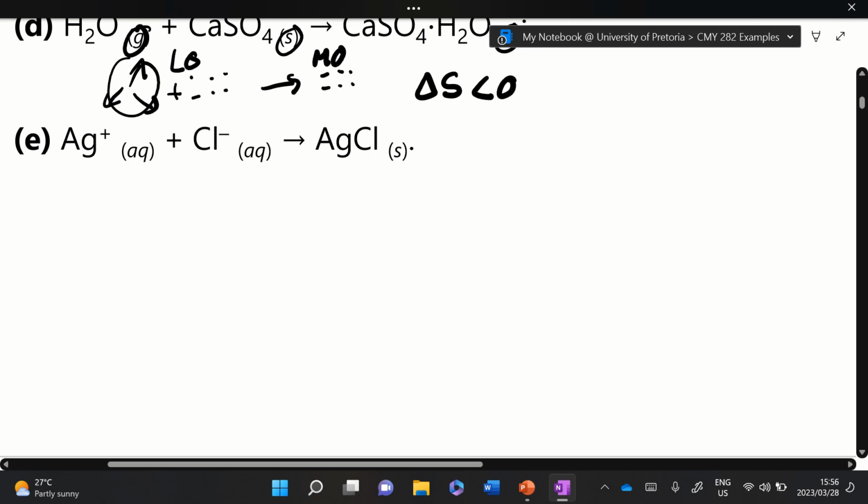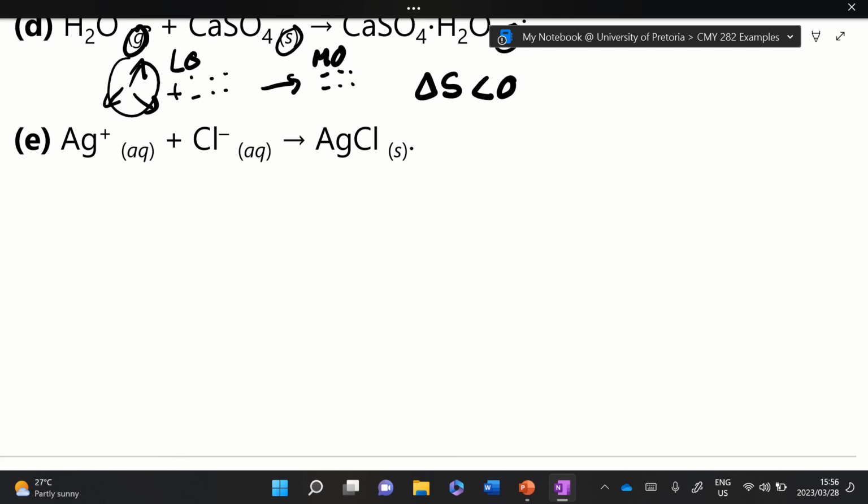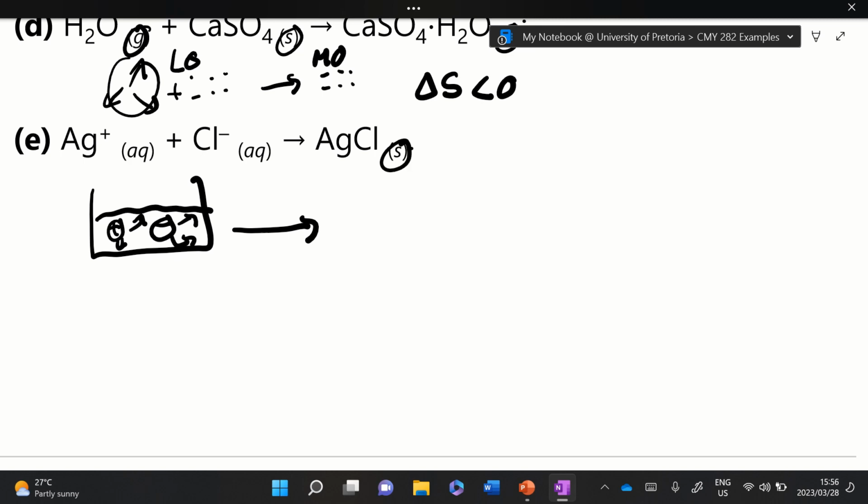And then finally, we basically have something which is the same as we saw in example A, or 3.1a, because again we have some ions in solution. So we have our silver ions and we have our chlorine ions, and they're free to move however they please in this solution, but then they crystallize to form the solid. So I think silver chloride actually has a very interesting structure, if I'm not mistaken.